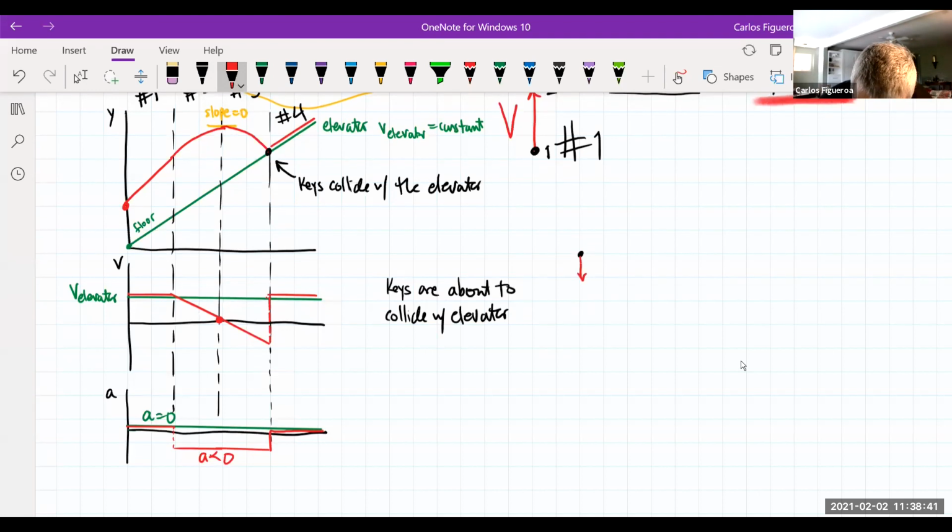They're on the way down. And then this is the floor of the elevator right here. So when I look at this, the maximum speed going down is right at this point. But the very next point, it stops at the very next point here.